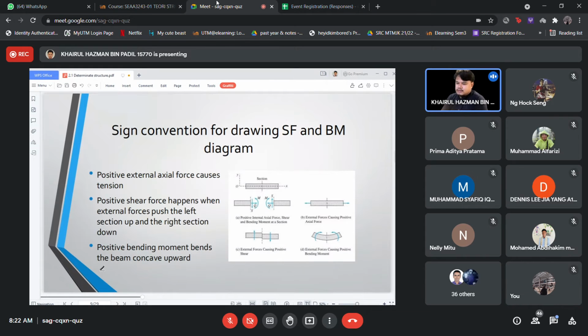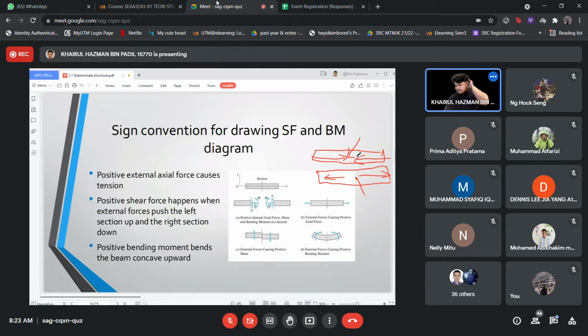Okay, then the sign convention for drawing shear force and bending moment diagrams. Positive external axial forces cause tension. If you have a beam and the external axial forces cause tension, is it compression or tension? Obviously, this is tension, and this is compression.